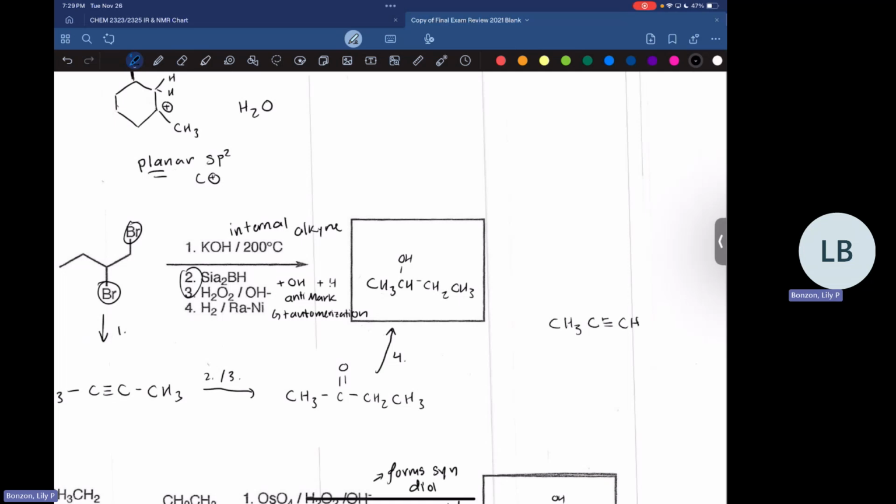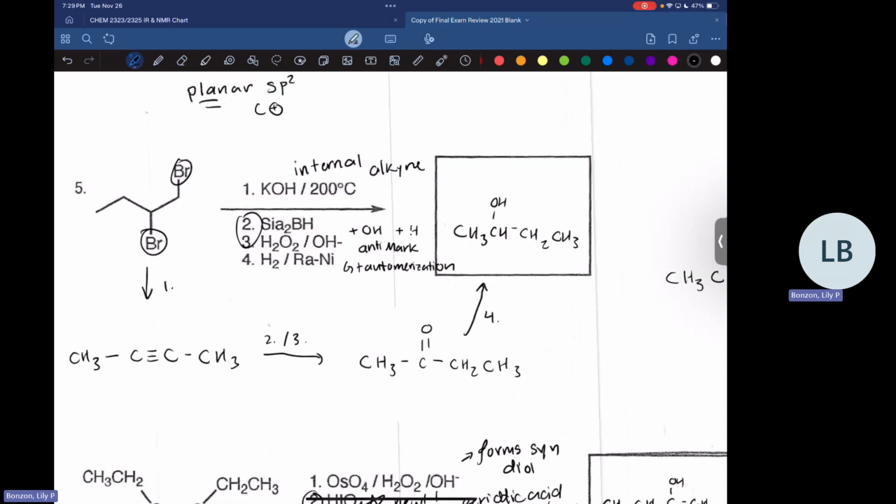So if we had something like this, but because in this case it's a symmetrical molecule and both of our carbons are internal, we just form the ketone. So that's a good question.